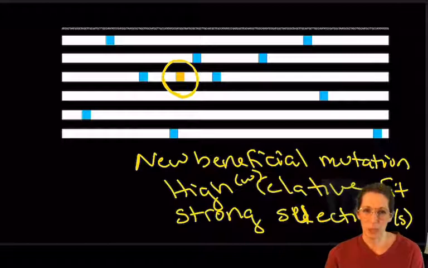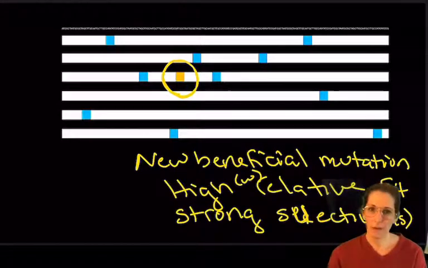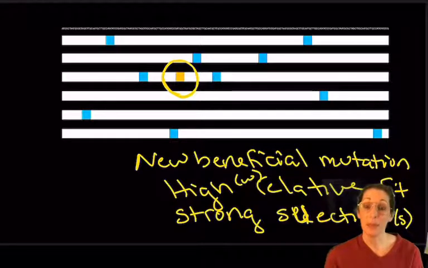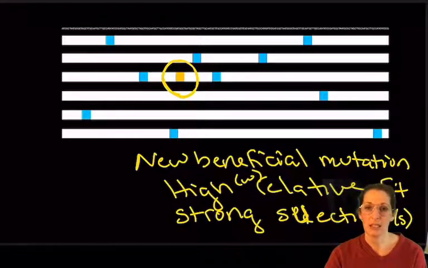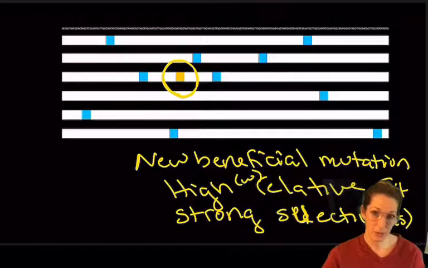So what's going to happen is that very quickly, in very few generations, the frequency, the P, of this allele is going to increase very rapidly. So we have a big delta P. This is our imaginary population. What we're seeing is neutral mutations, and then a new beneficial mutation indicated by yellow.